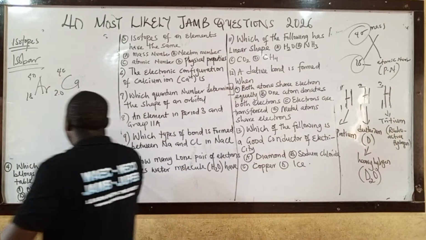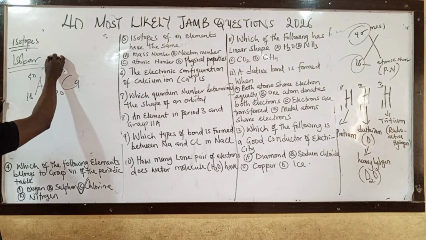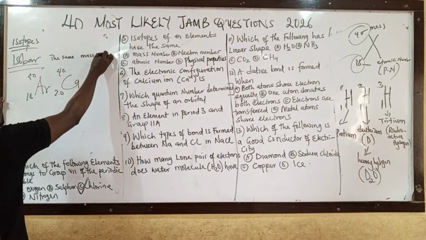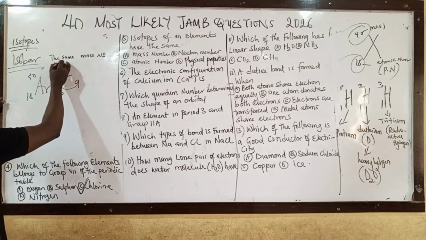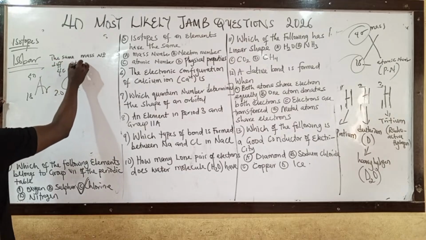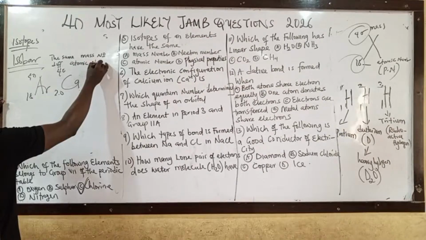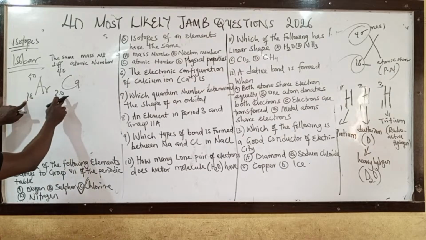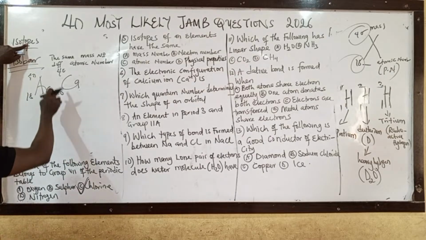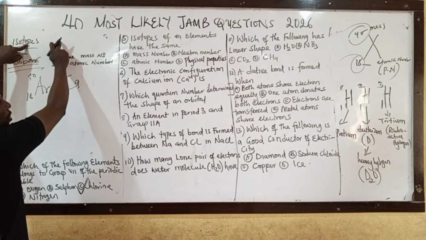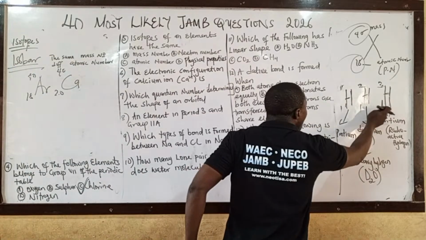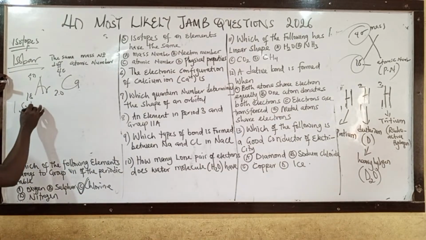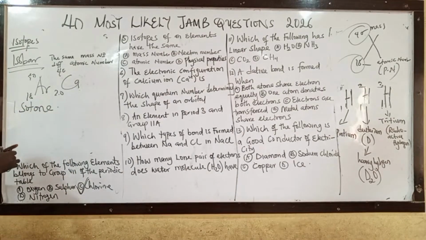This is isobar: the same mass number, different atomic number or proton number. But for isotope, the same proton number or atomic number, different mass number. Then we have isotone.